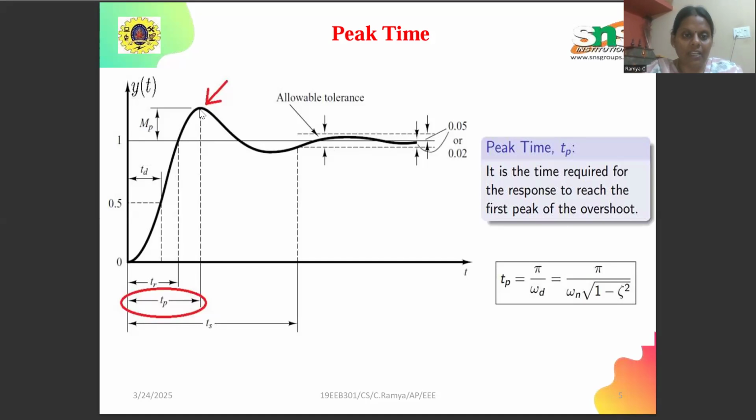Peak time can be expressed as pi divided by omega d, which can also be written as pi by omega n into root of 1 minus zeta squared, where omega n is the natural frequency and zeta is the damping ratio, which all deal with the second order responses.